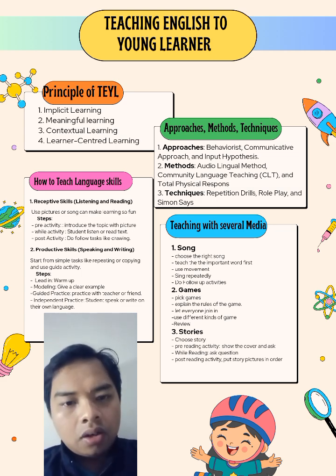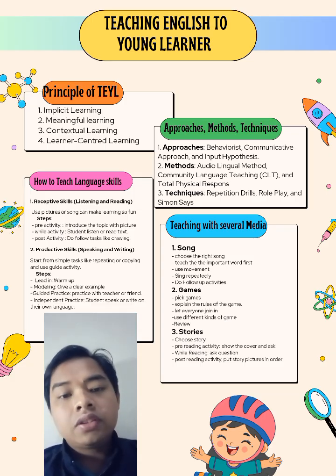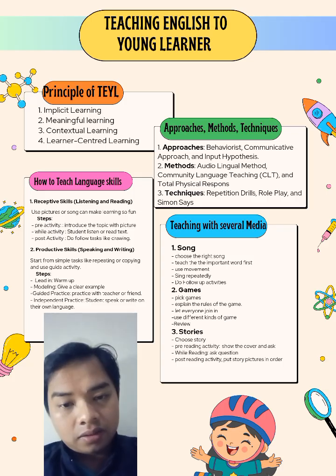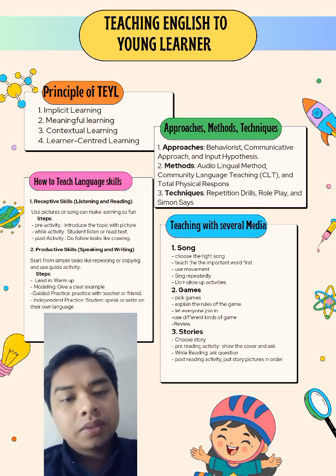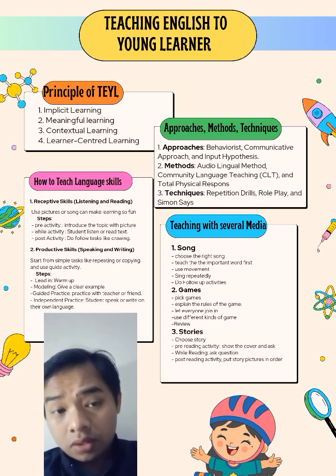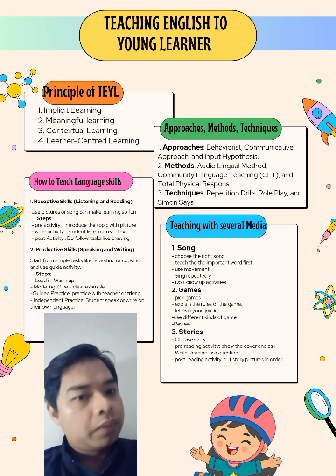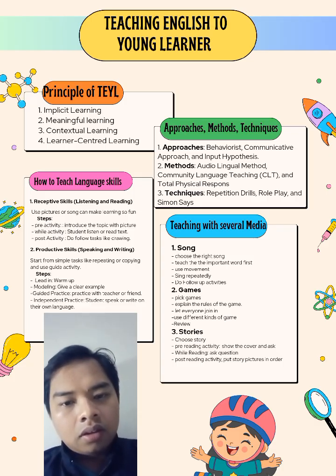Let student draw something from the story or do an essay task related to the lesson. Now, productive skills. Speaking and writing. Start with easy things like repeating words, or copying sentence, and give clear steps and support.